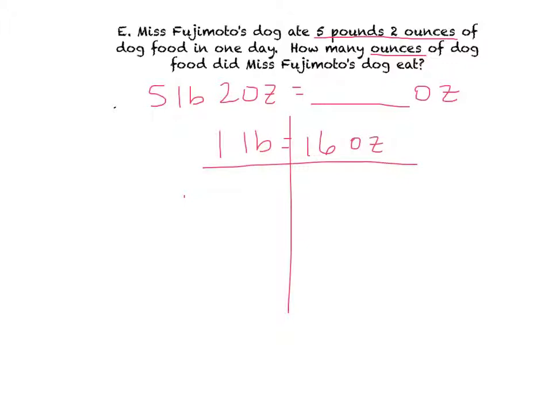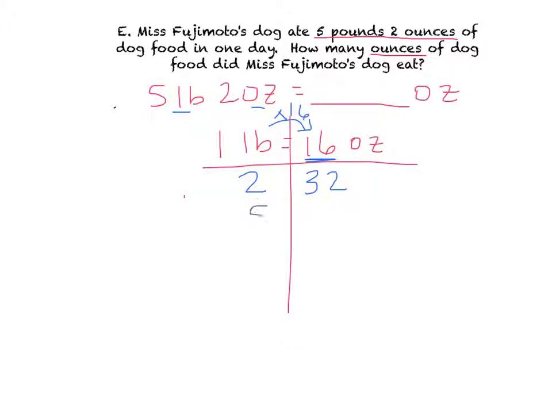So let's go ahead and create our T-chart from there. Again, like the last 2 problems, what we know is a combination of pounds and ounces. So let's do our pounds first. I want to get to 5 pounds. 2 pounds is equal to 32 ounces. Now, what's my relationship? To get from pounds to ounces, I'm multiplying by 16.